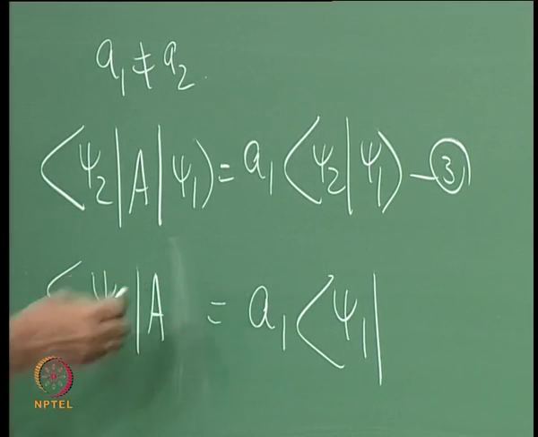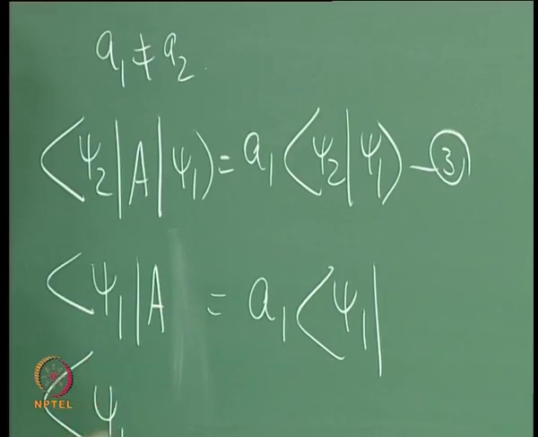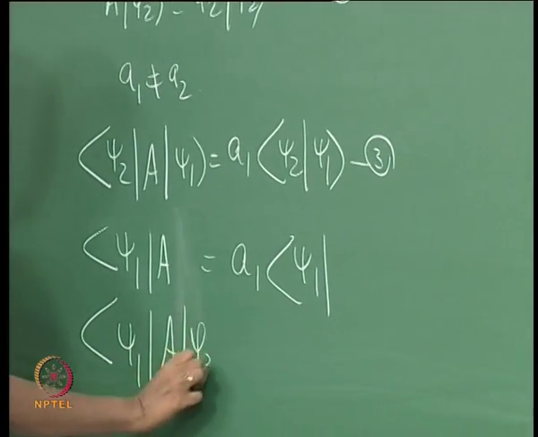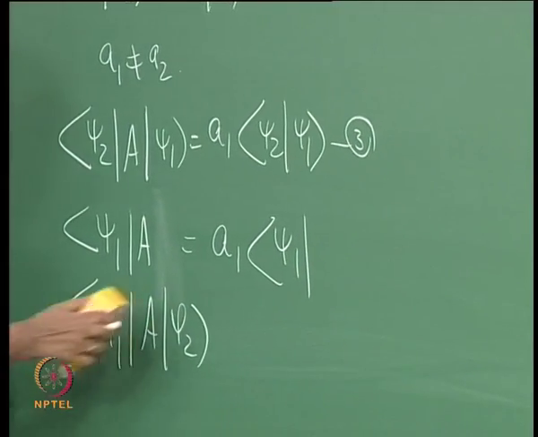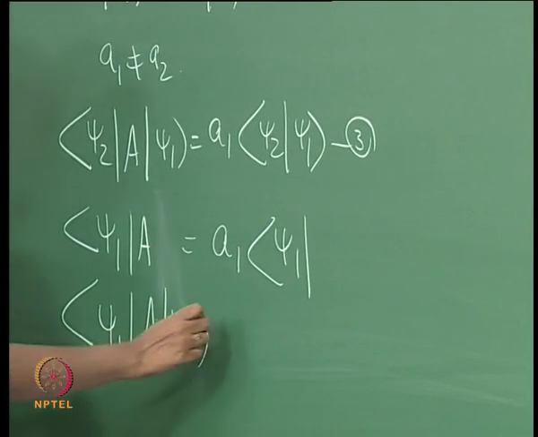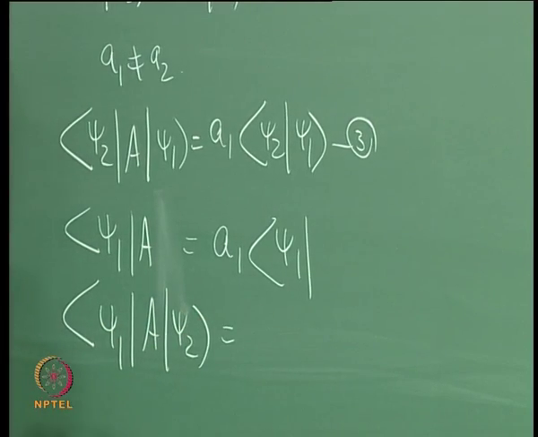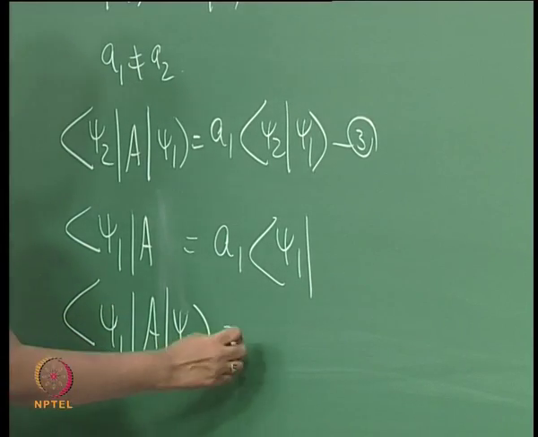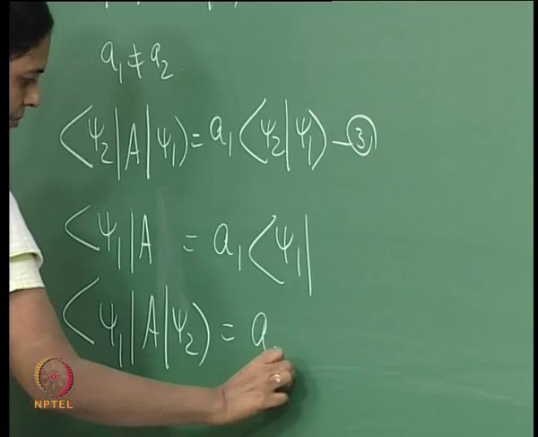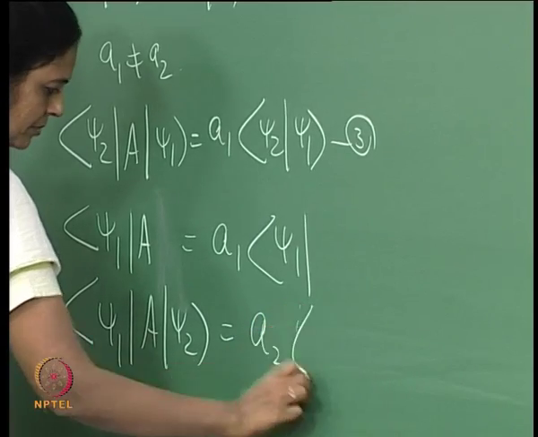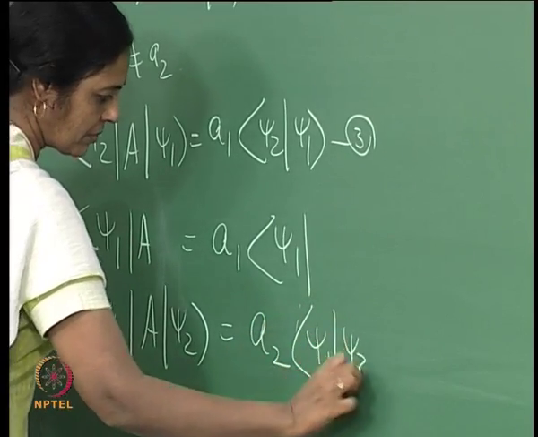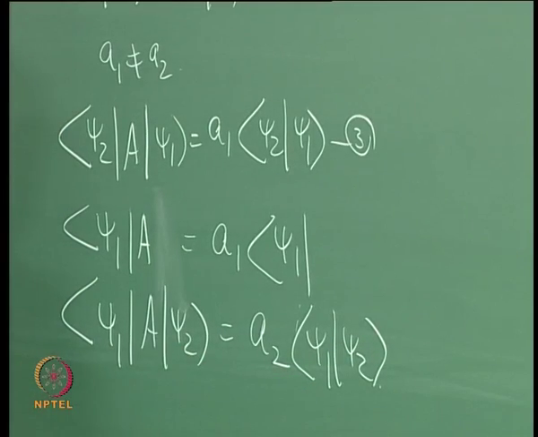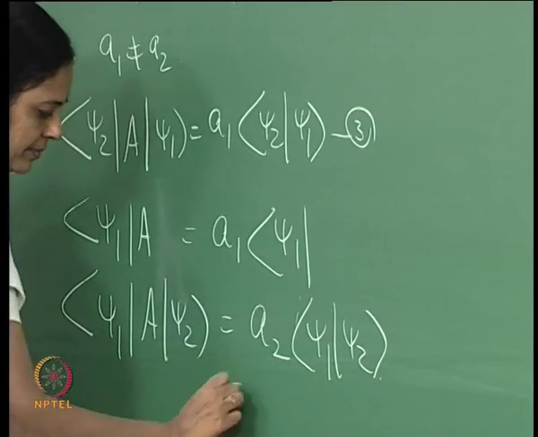Now, I could well do <psi1|A|psi2>. A psi2 is a2 psi2. And <psi1|A is a1 <psi1|.